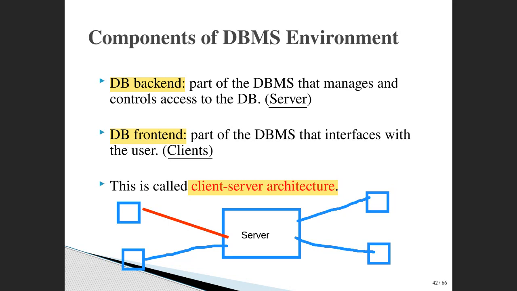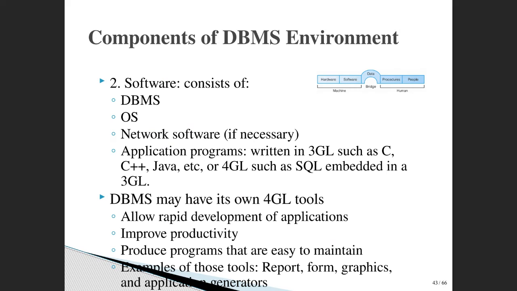So this is the hardware. Now the software, as we mentioned, can be the database management system itself, and the operating system. Some database management systems require a specific operating system.